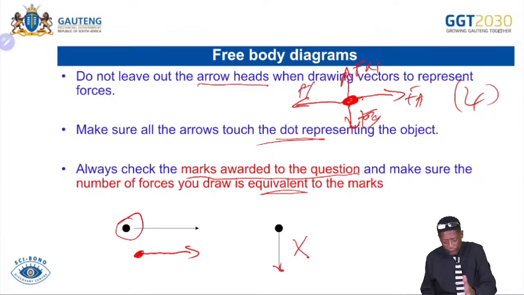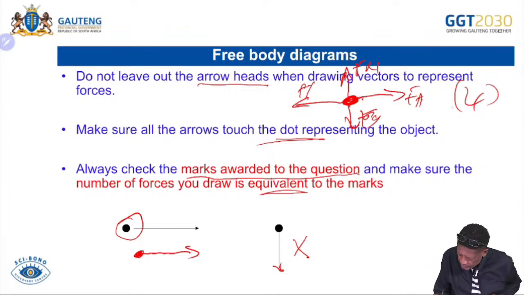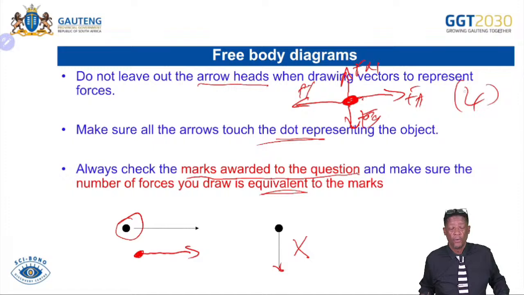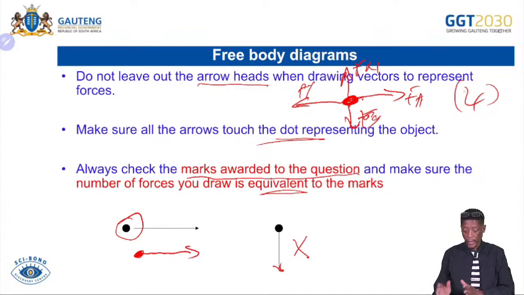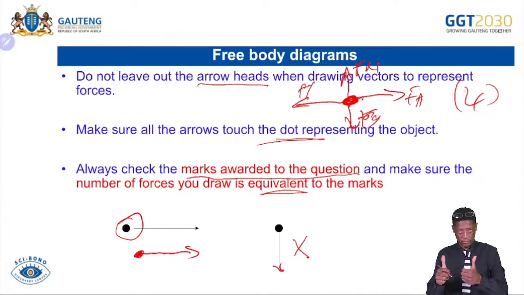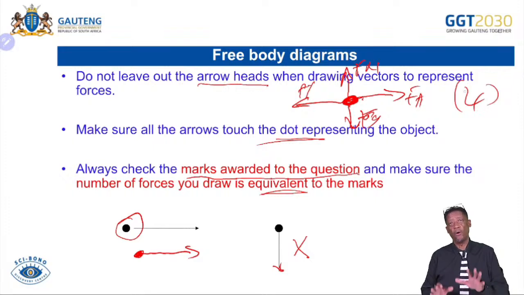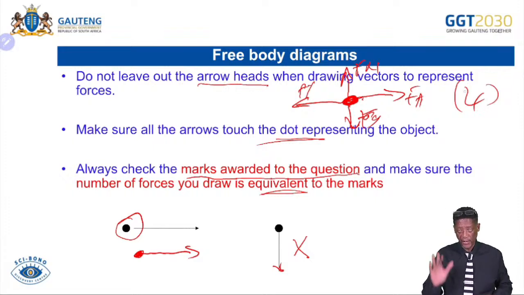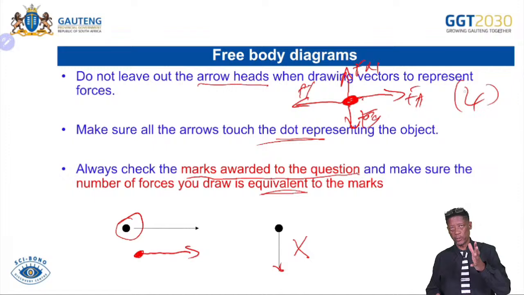So the number of forces must tally with your marks. Once they tally, you know that you score. So don't draw less or more. If it's 5 marks, it equals 5 forces. If it's 2 marks, it equals 2 forces.